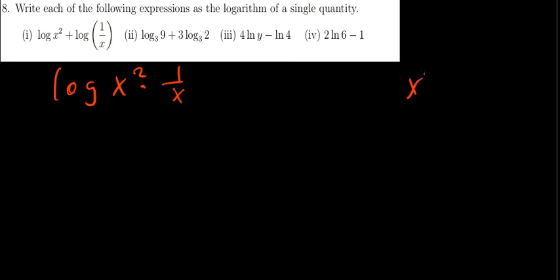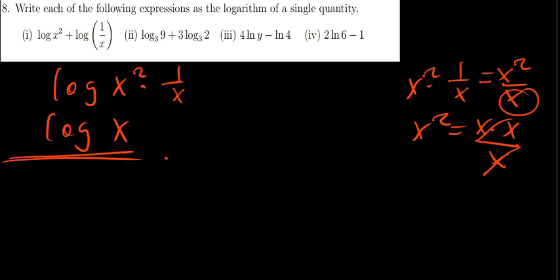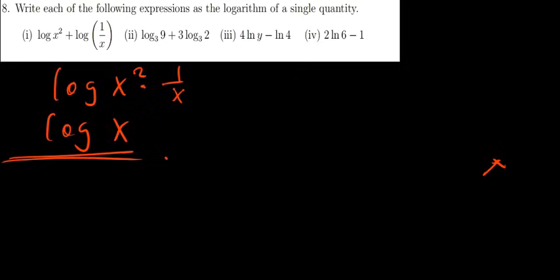But x squared times 1 over x is the same as x squared divided by x. x squared is the same as x times x divided by x, we have put this x down, so one x can go. So therefore log x will be the single quantity now. I've expressed it. Using the same concept, pause the video, try the second one.